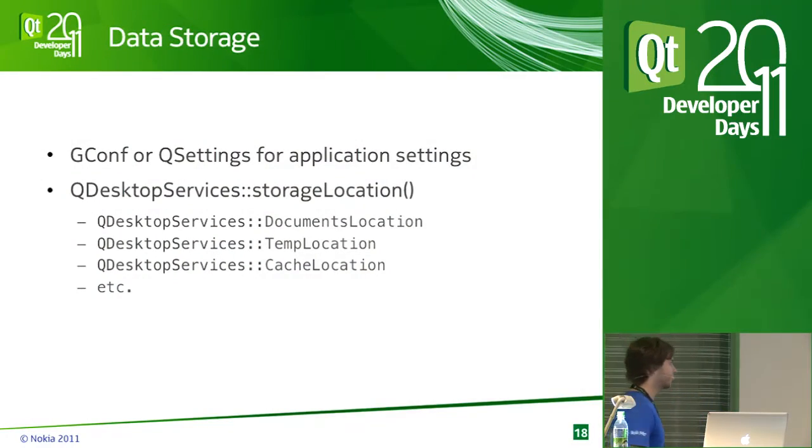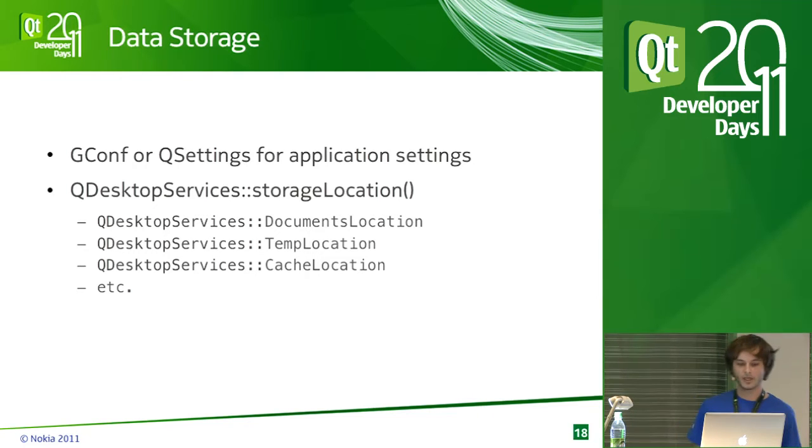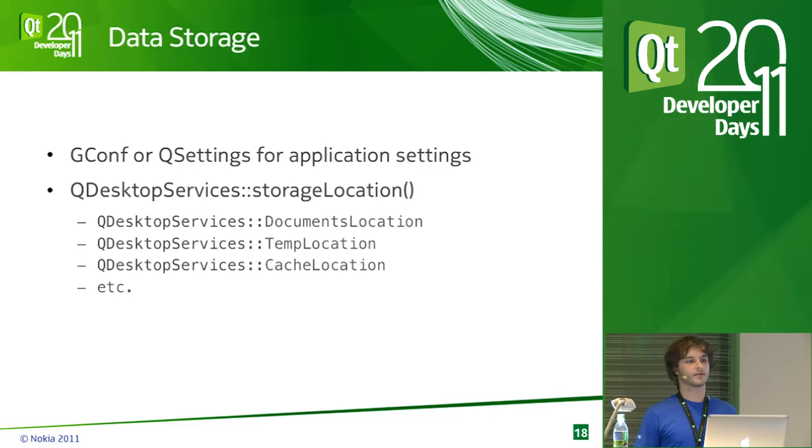So if you want your application settings to be backed up, you should use gconf. Another thing you can do with gconf is define what is called a settings applet, and then you can change your application settings from the settings menu of the phone. For that, you just have to define an applet and use gconf for the settings. qsettings, as I said, doesn't back up the settings, and you cannot use this settings applet with it.